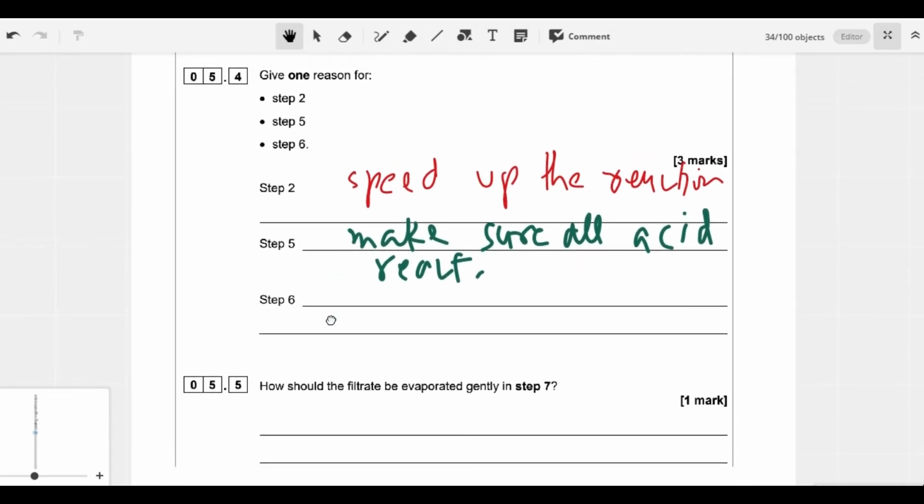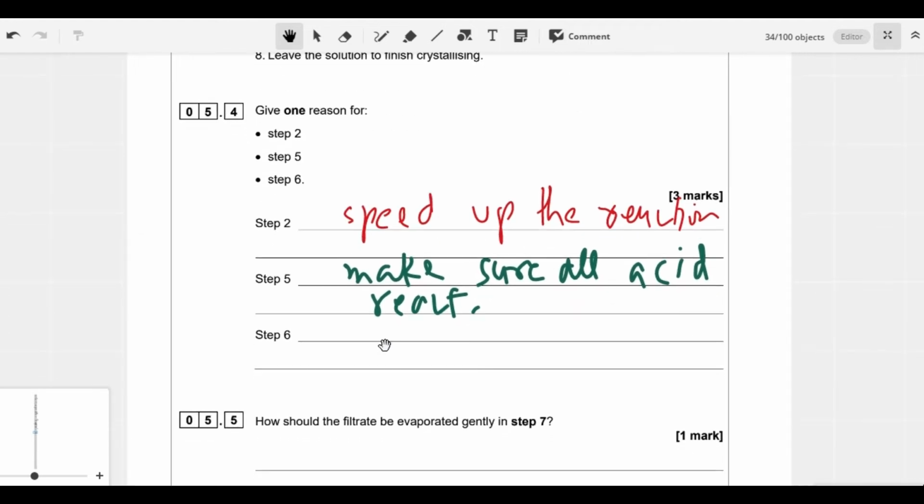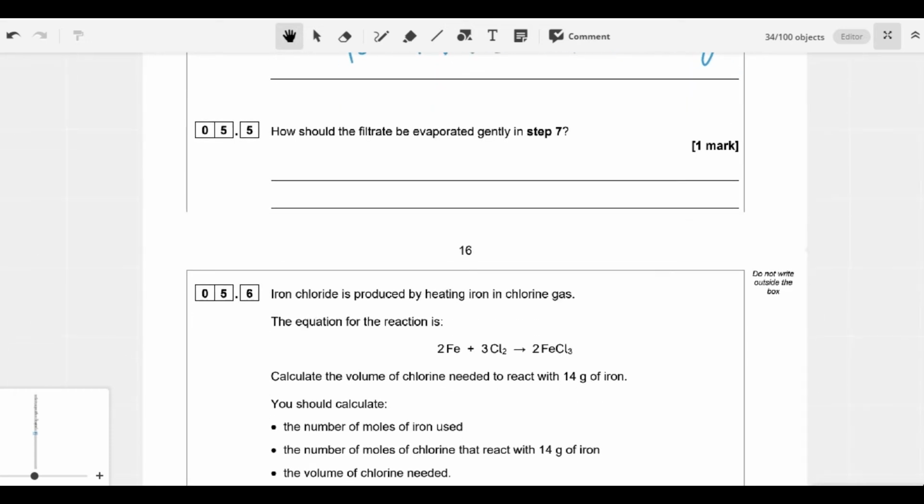And why step 6? Step 6 is filter the mixture, to remove the excess magnesium oxide, or to remove impurity.